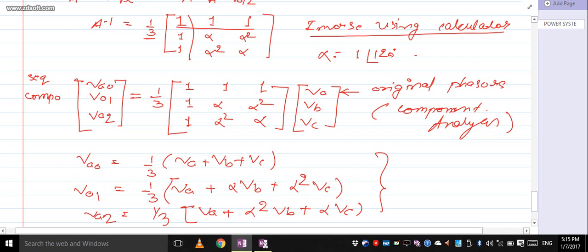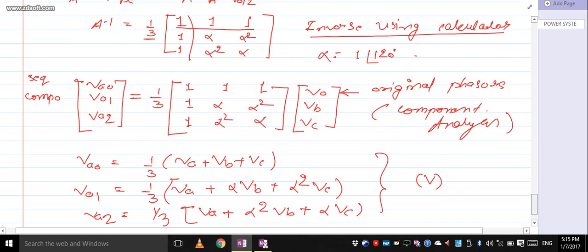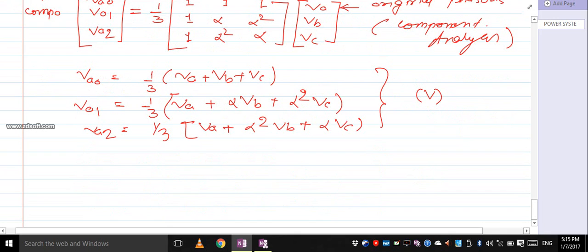So this is what we get. Let this be equation 5. Make a note that the same procedure can be applied for current, because V or I is basically a phasor.